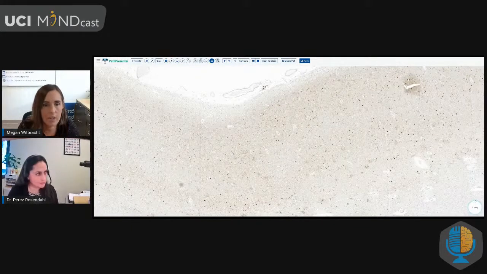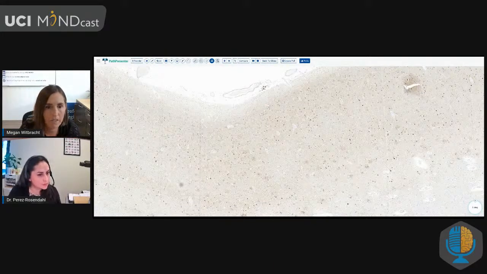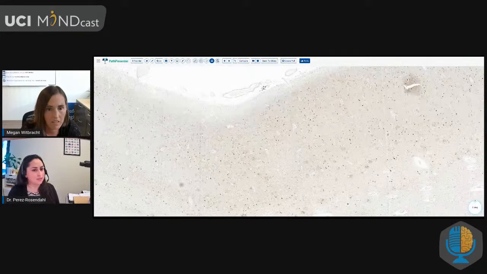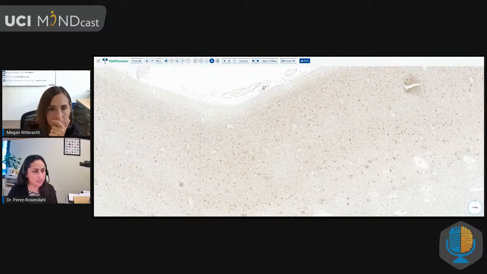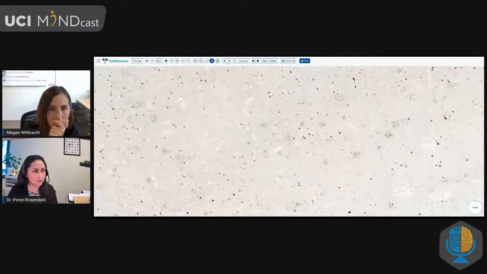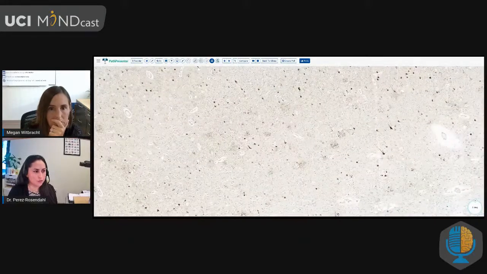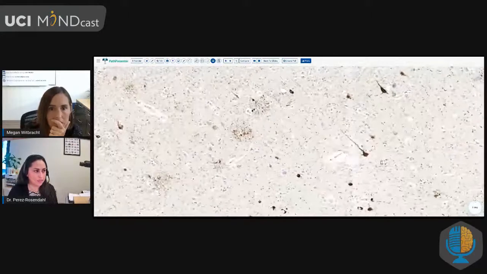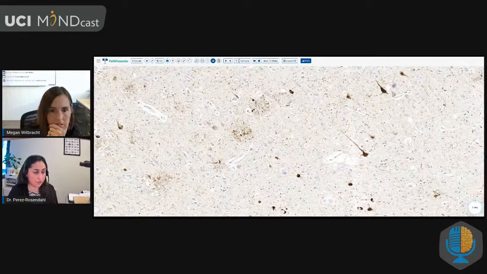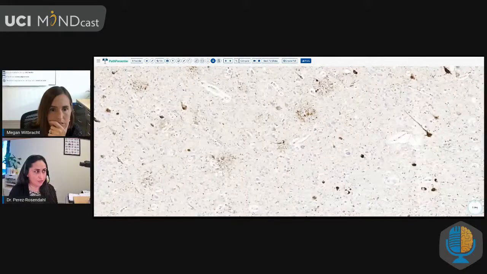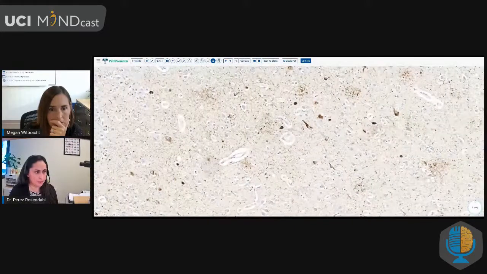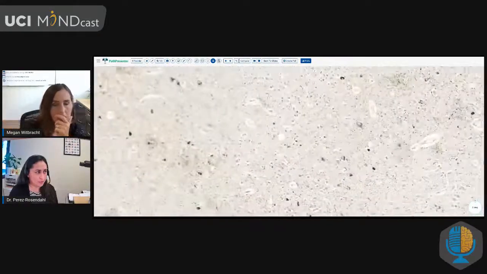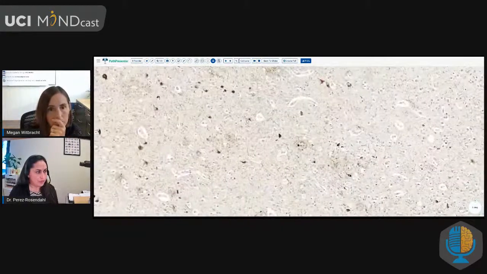Is the slide that you're showing us showing a lot of Alzheimer's disease pathology? Ooh, good question. They are. This is quite significant. In some instances, you really have to search for the neurofibrillary tangles. But in this case, we see quite a few, and they're in every field. When I move the slide, you can continue to see multiple neurofibrillary tangles and the neuritic plaques.